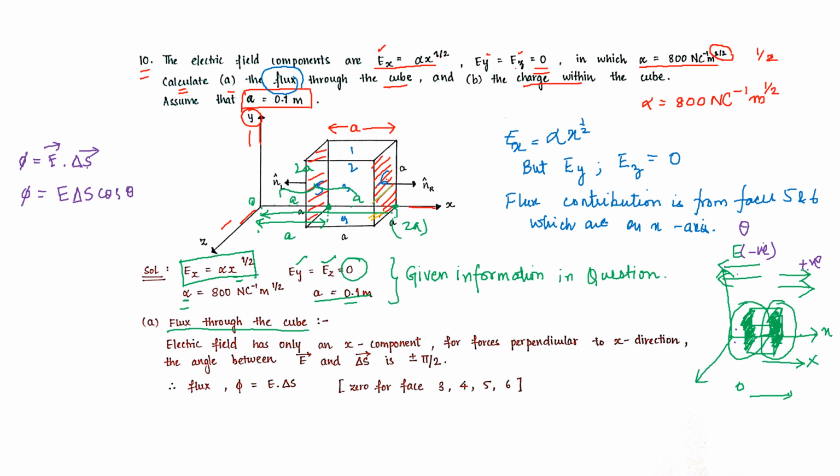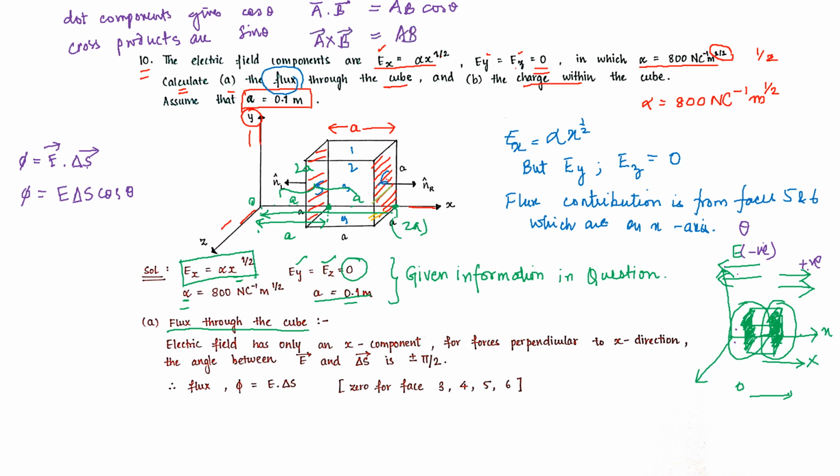Dot products give cos, and cross products give sin. I will give you one example: A dot B are two vectors. When we calculate them in a scalar way, it will be AB cos theta. Similarly, A cross B in vector form, when converted into scalar calculation, will be AB sin theta.